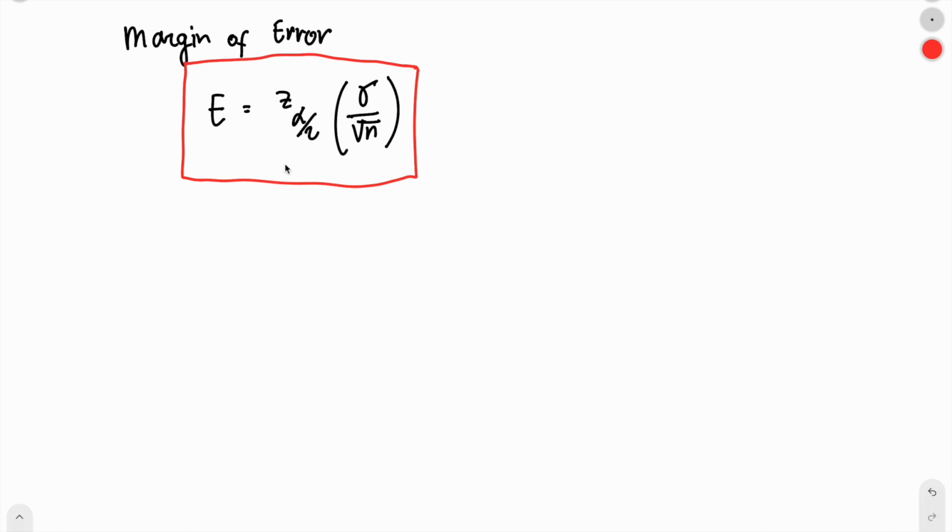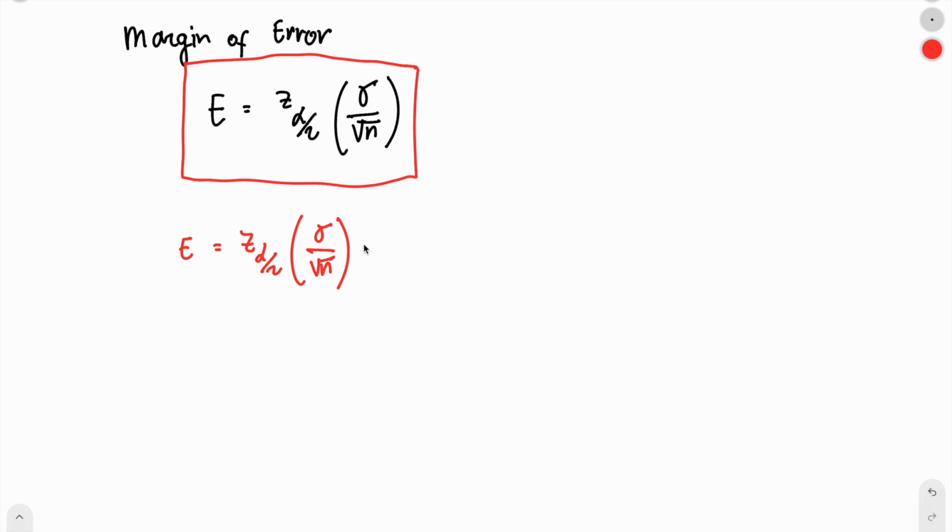So, to solve, I'm going to write this again, e equals z sub alpha over 2 times sigma over square root of n. So you just need your knowledge in basic algebra. The denominator on the right side is square root of n.